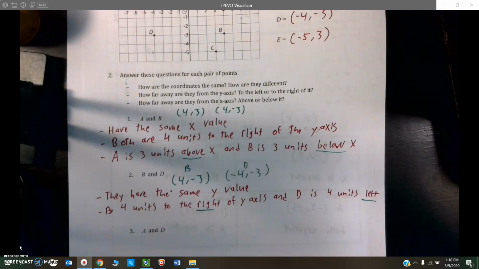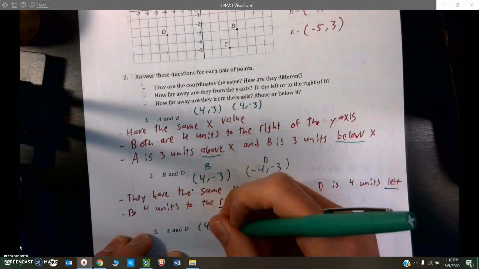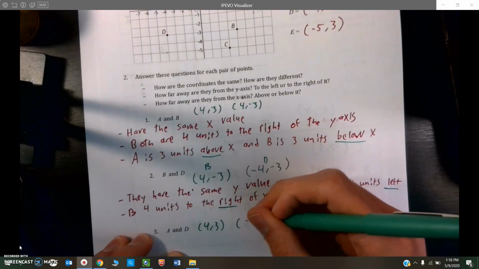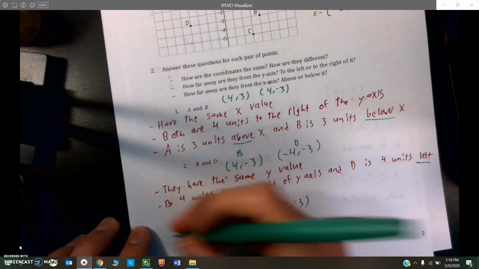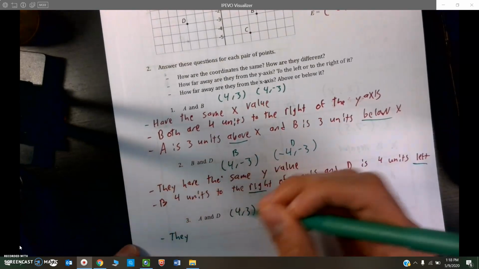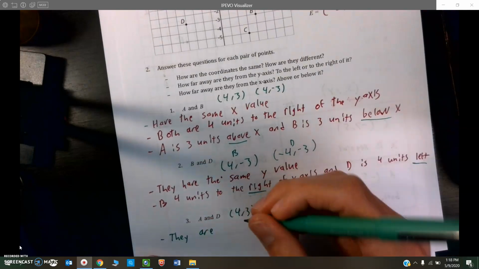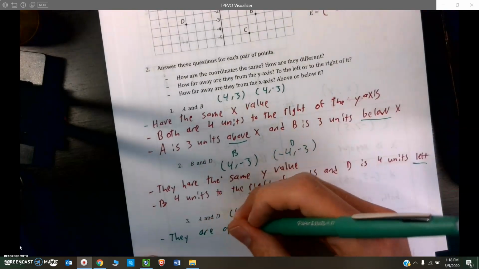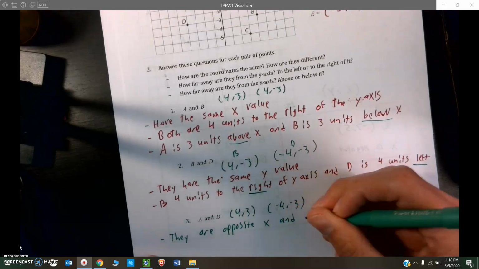And now for A and D. A is 4, 3, and D is -4, -3. So they have opposite x and y values.